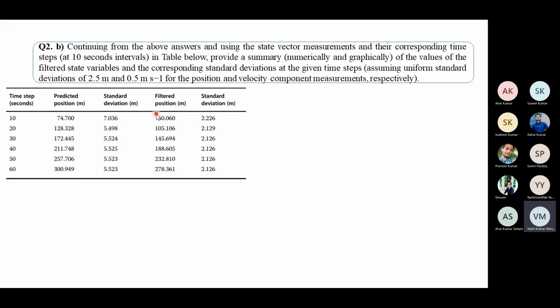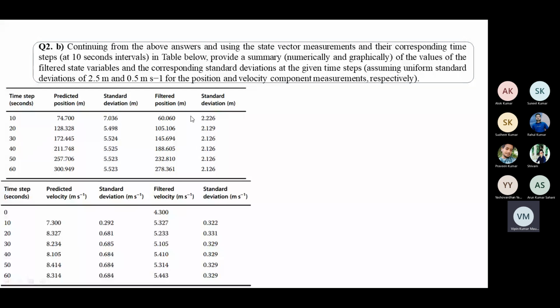Once you go for filtering using the actual observations, this will be the filtered position and this will be the standard deviation. Similarly for velocities, you can see the predicted velocity, predicted standard deviation, filtered velocity and filtered standard deviation.